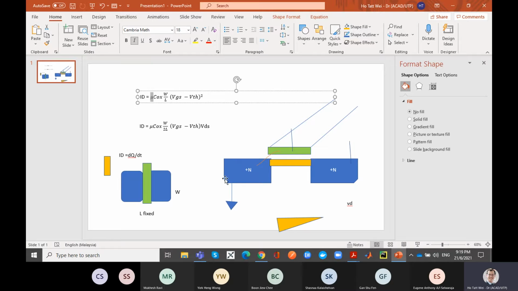So if you have a PMOS, normally the PMOS will be double the width of the NMOS to make the current equal. Why? Because the PMOS mobility is usually roughly about half the NMOS mobility. That means the holes, the free carriers in the PMOS, are roughly 2 times slower than in the NMOS.